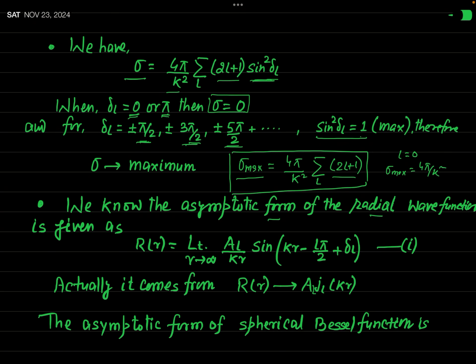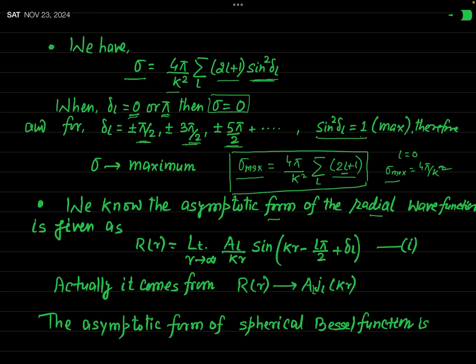But if you take L equal to 1, then this will be found by taking 4 pi by k square plus 4 pi by k square times 3, and that will be the sigma maximum. So for different L, sigma max will be different. For a particular L, it will have a particular value.